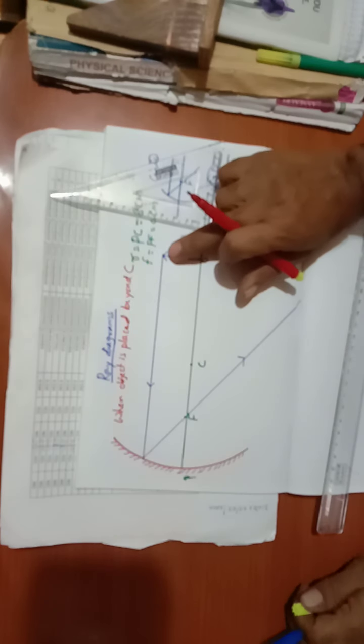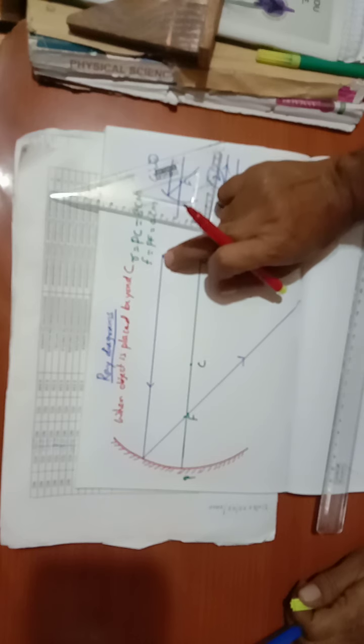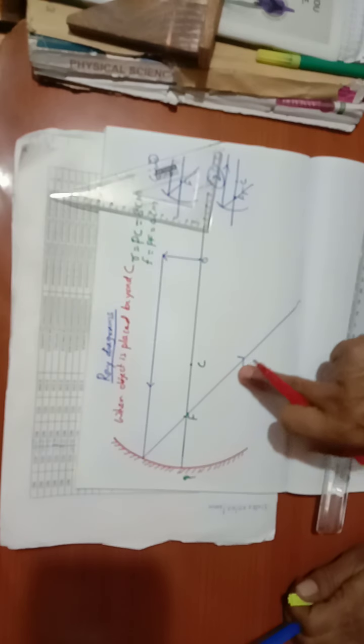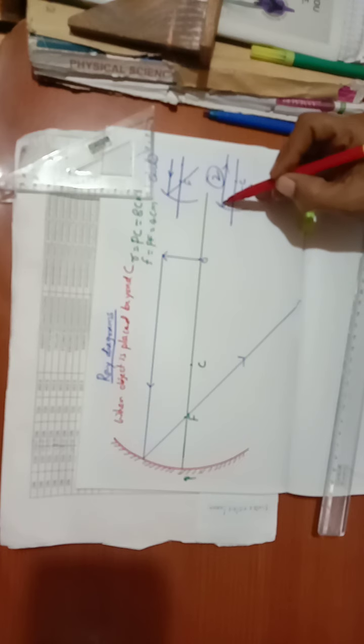Now from the tip of the object, the ray is drawn and it is incident on the mirror and gets reflected through the focal point. This is completed. The second ray we are drawing now. What is the second ray? When any ray passes through the focal point, it gets reflected parallel to the principal axis.